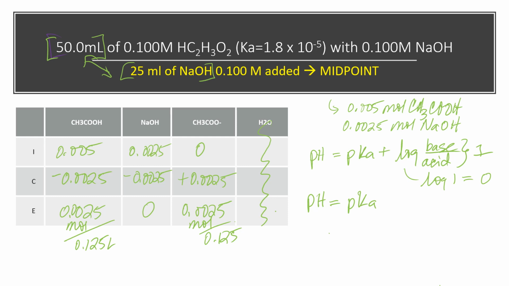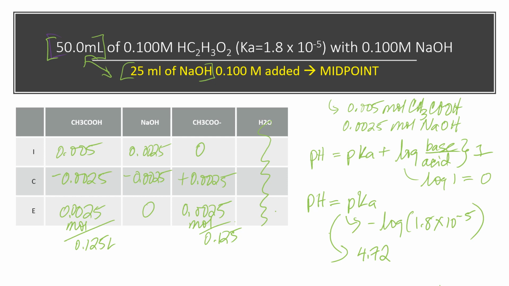Isn't that a beautiful thing? pKa, in turn, is the negative log of 1.8 times 10 to the negative 5, our Ka. And in my omniscience, in my great wisdom, I happen to know off the top of my head that the negative log of this number is 4.72. At least I hope I've gotten that right. And that's it. You've done it.